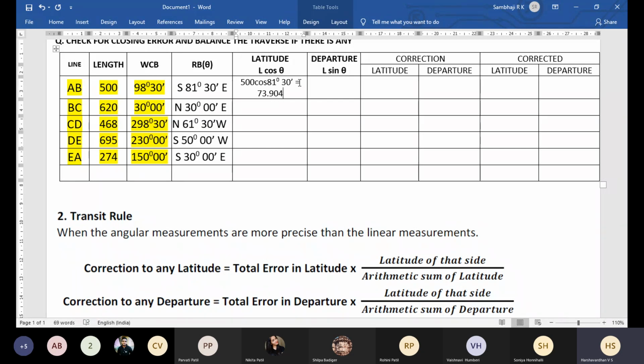What is the next digit? 73.9047. If it is 47, you must round it off to 50, so that is 73.905.